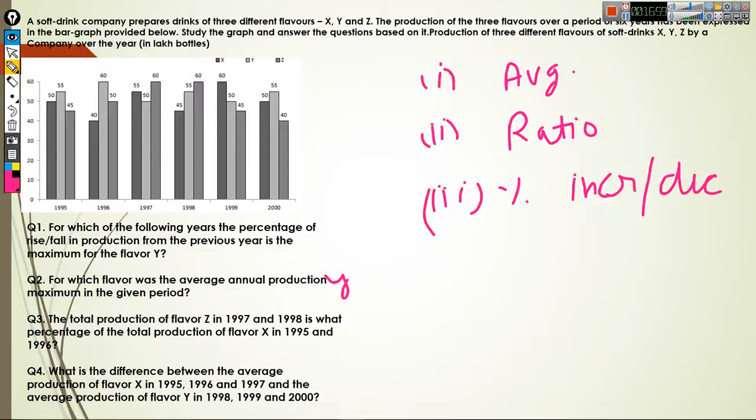You have to find only these three things. Most probably, in 90% of cases in your question paper, you will not get anything new. You have to find either the average, or the ratio of 2 years, or the percentage increase or decrease in the values. So basically you have to focus on only these three concepts. Or there may be some addition and subtraction, which everyone knows how to do.